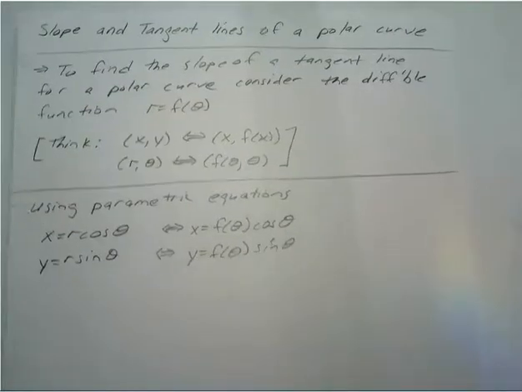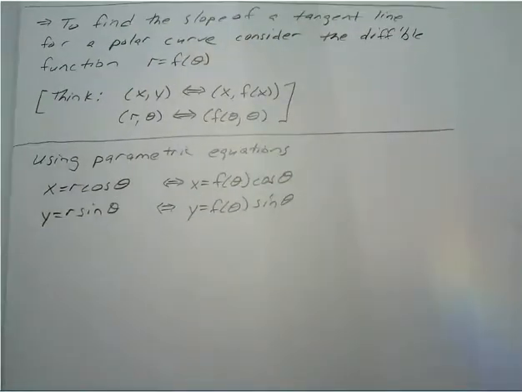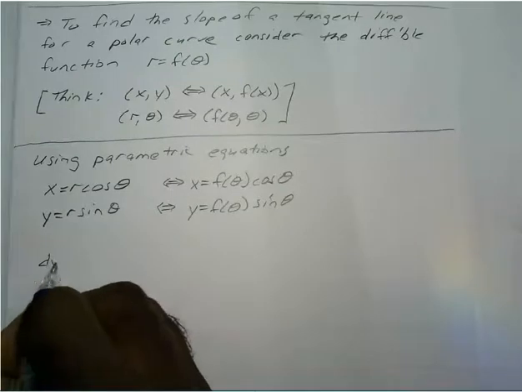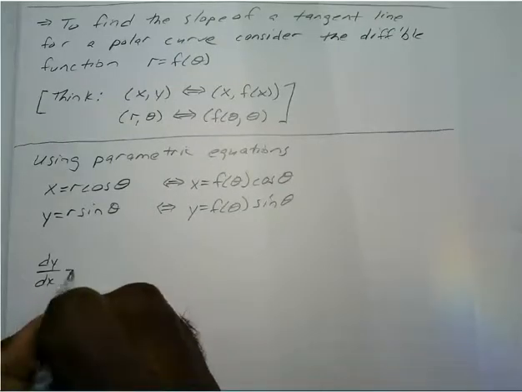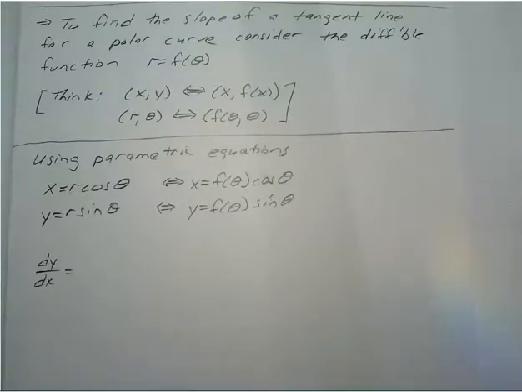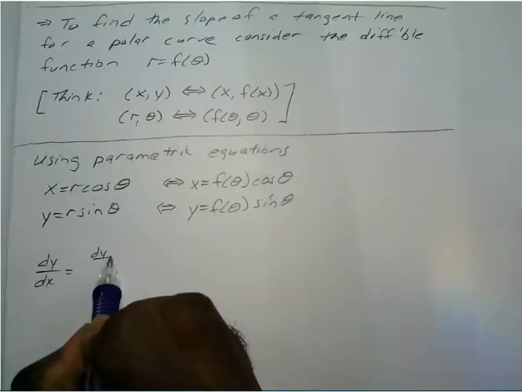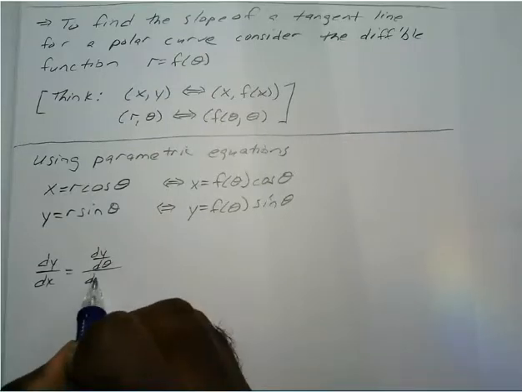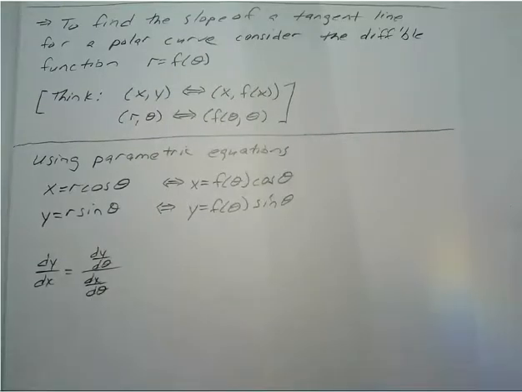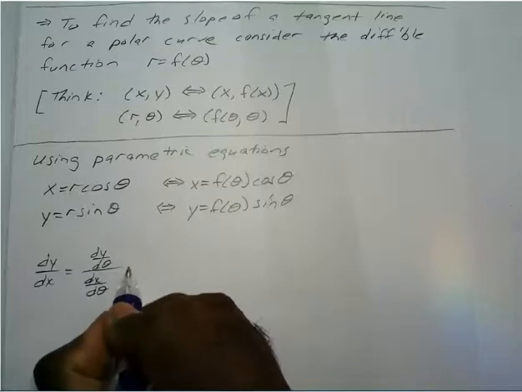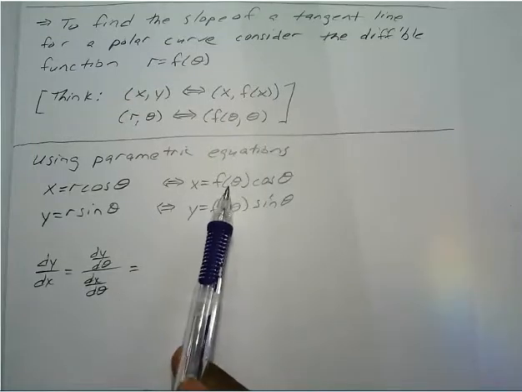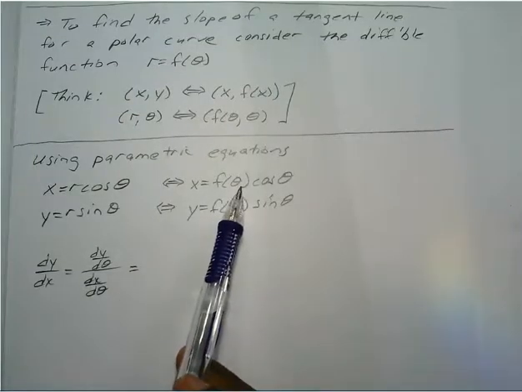Alright, so you remember your derivative for a polar equation. You have dy d theta over dx d theta. Remember, your theta is your parameter on this one. You just apply the product rule for derivatives.